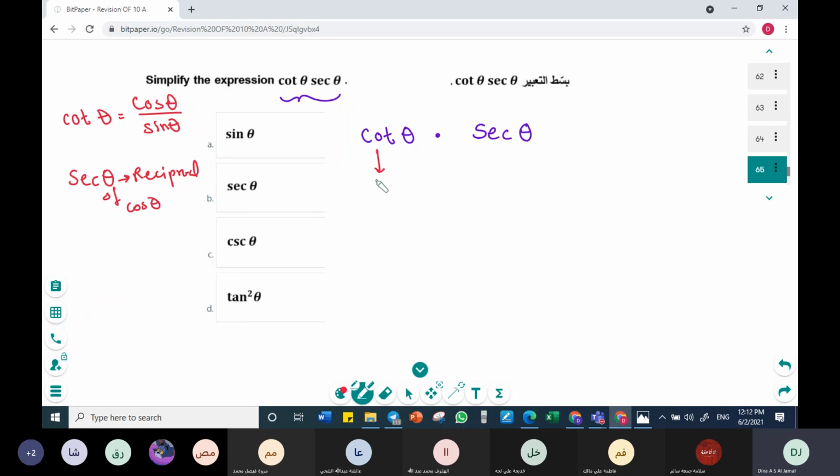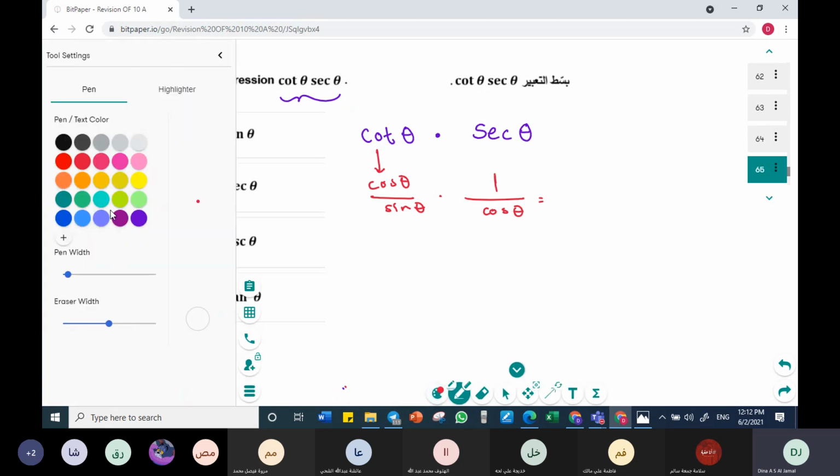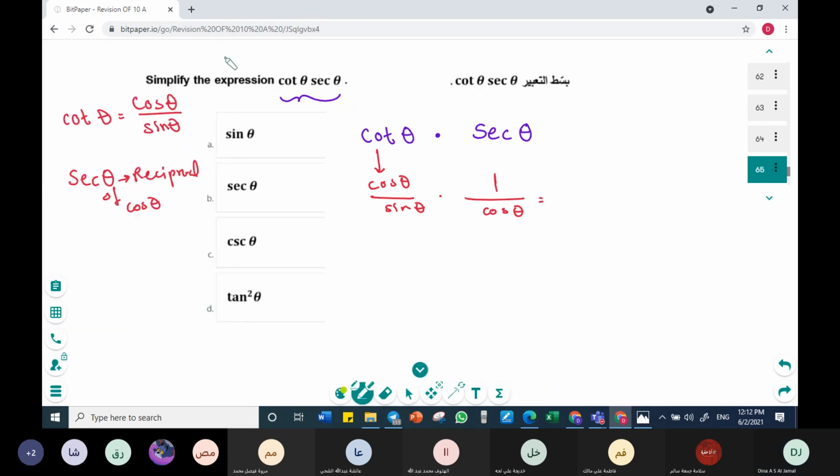So let's put it here together. Cosine theta over sine theta multiplied by 1 over cosine theta. How can I simplify this? Remove the cosine, up and down. What will it be? 1 over sine theta.